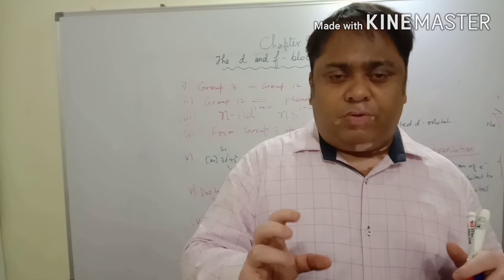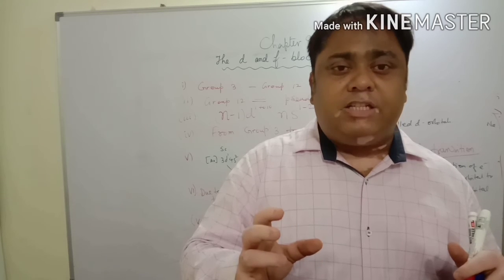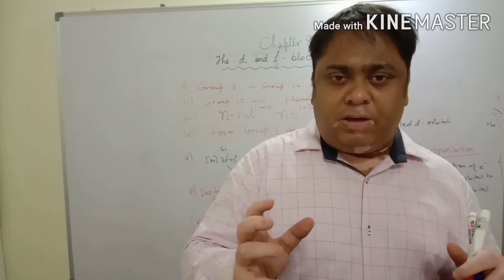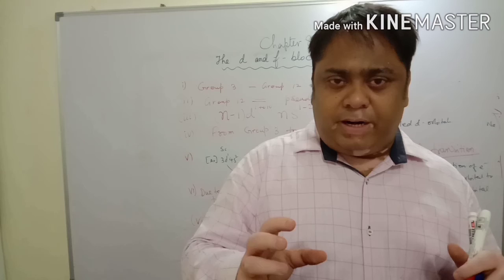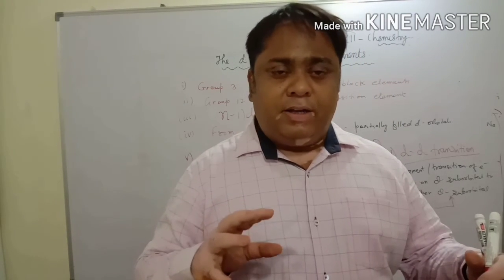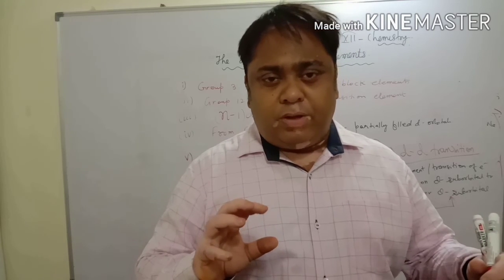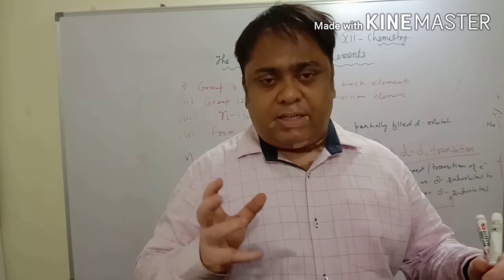Now if you can imagine how a metallic bonding looks, it looks like a sea of electrons in which the positive metallic kernels are embedded. If the electrons are unpaired, they will be more prone to form a stronger bond with the adjacent kernels.